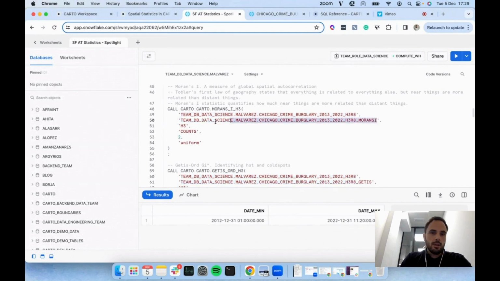Then we need to input the resulting table, which in this case is the same name with this Moran suffix, so we know what we are referring to. The name of the column with the spatial index, the variable for which we want to compute the Moran's I, which in this case is the count, so the number of crimes that happen in that specific H3 cell. And then we have these two other components, which are the K-ring and the kernel that we're using.